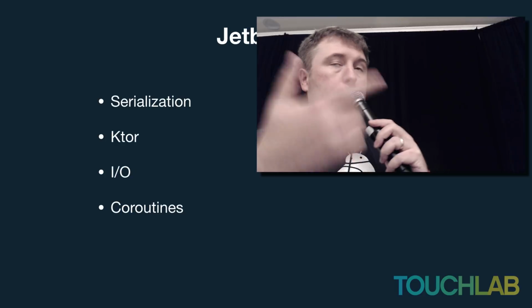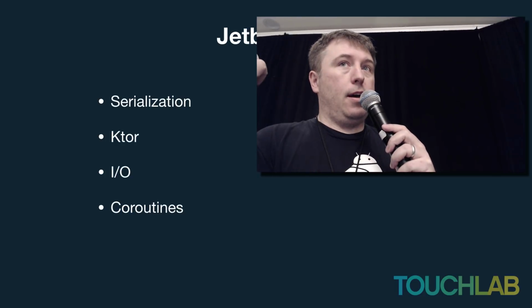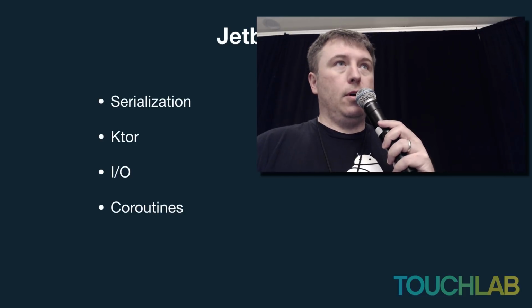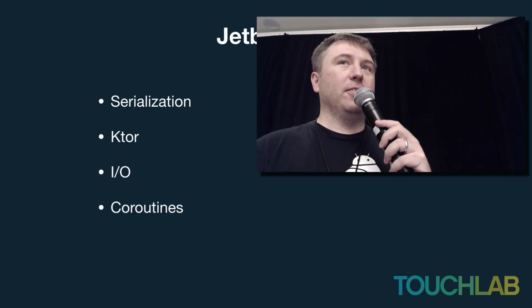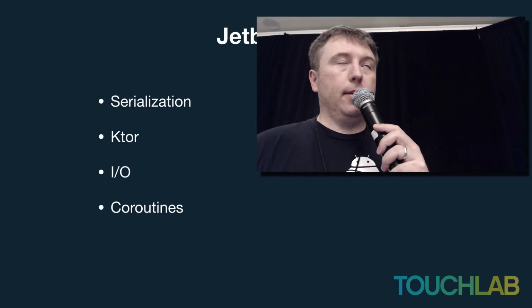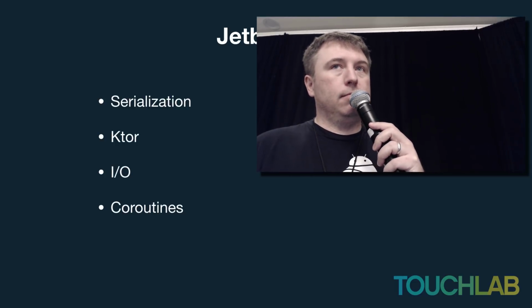But folks from Square, like Jesse Wilson, who wrote OkHttp, and those folks wrote Retrofit and all that stuff. So is there going to be some networking stuff? I would say yeah. When? Don't know.